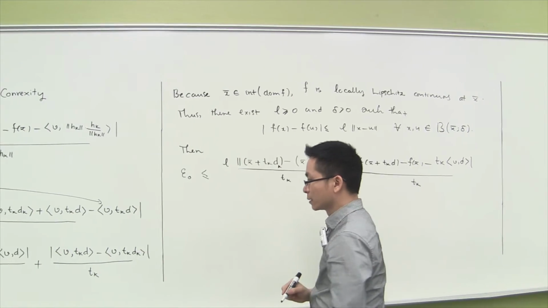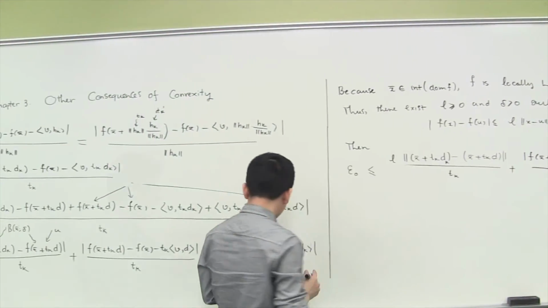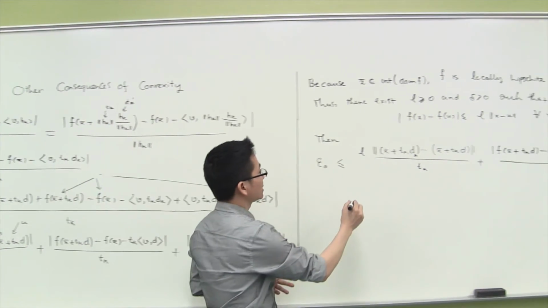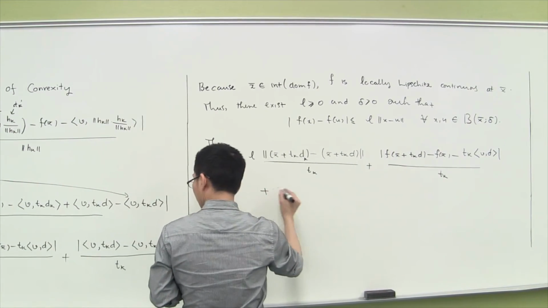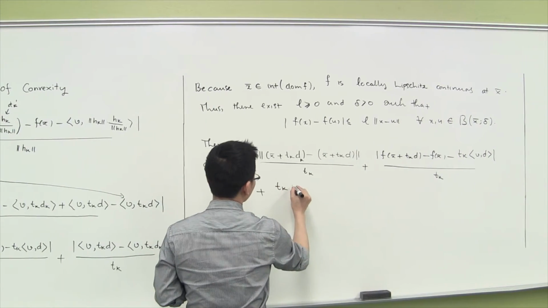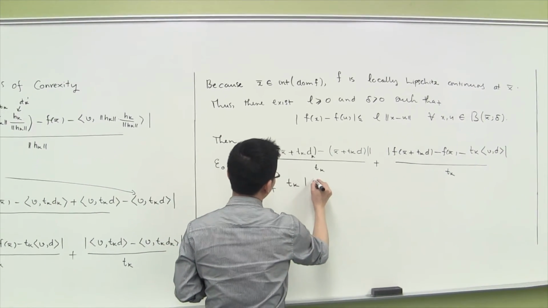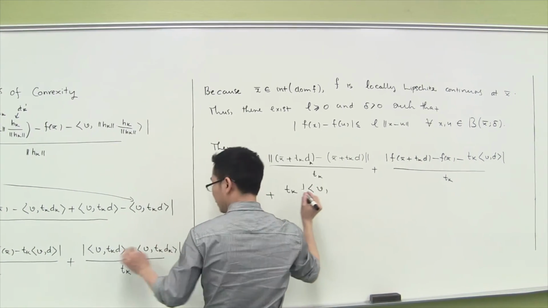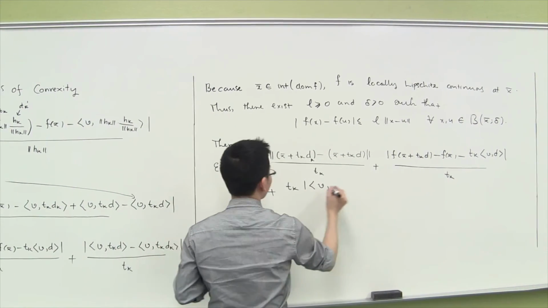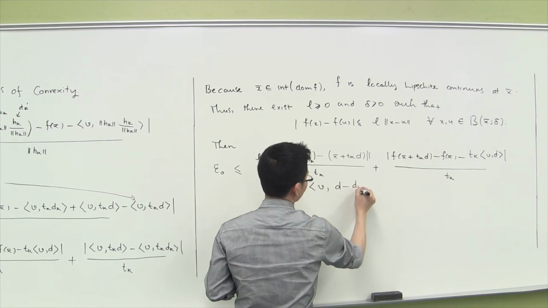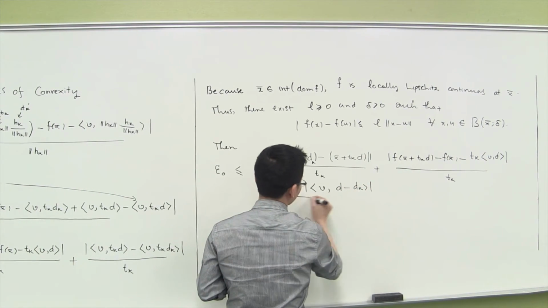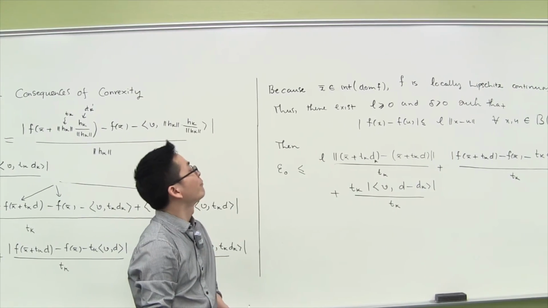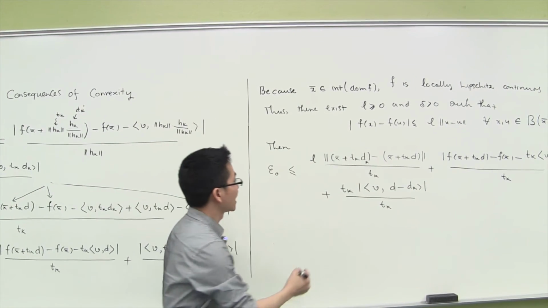Okay, for the last one here, we realize that this can be written as tk times the absolute value of the inner product of v and d minus dk, and everything is divided by tk. Okay, now finally we can get this.